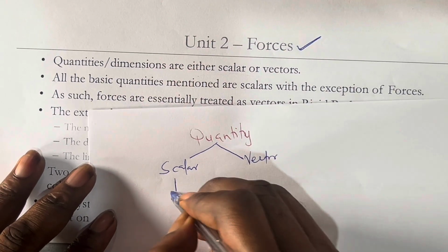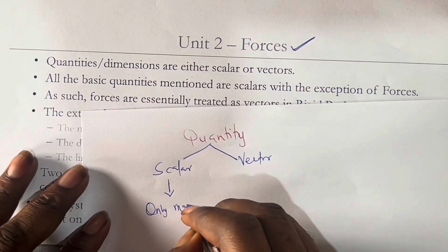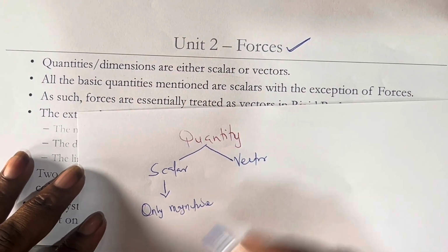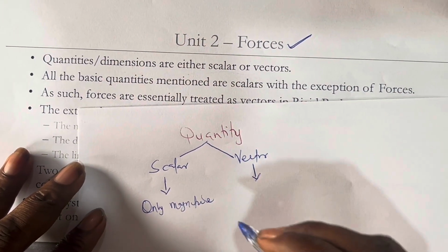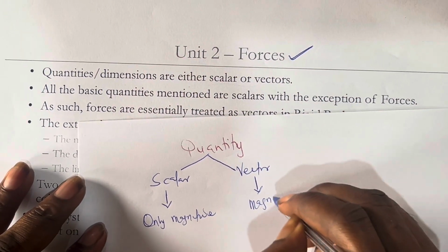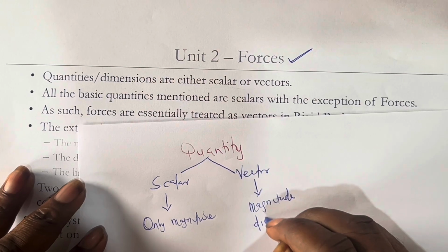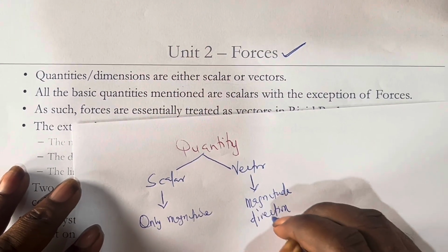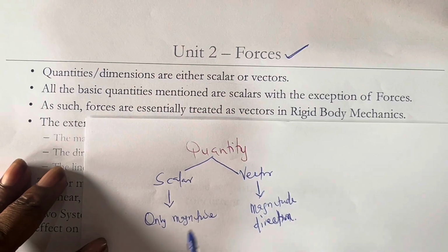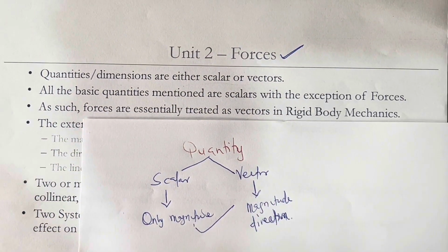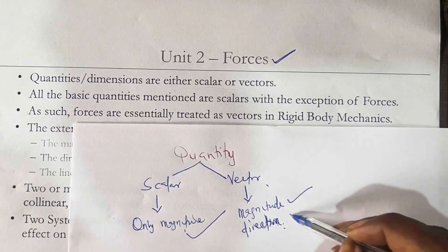A quantity is scalar when it has only magnitude, no direction. And a quantity is a vector quantity when it has magnitude and what? Direction. So a scalar quantity has only magnitude and no direction, but a vector quantity has both magnitude and direction.